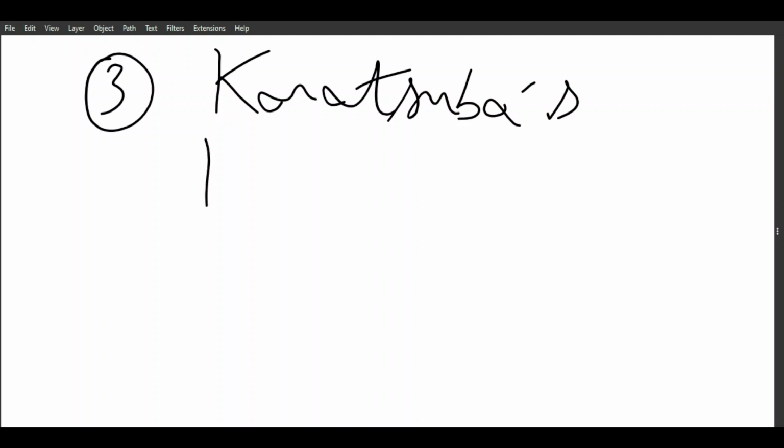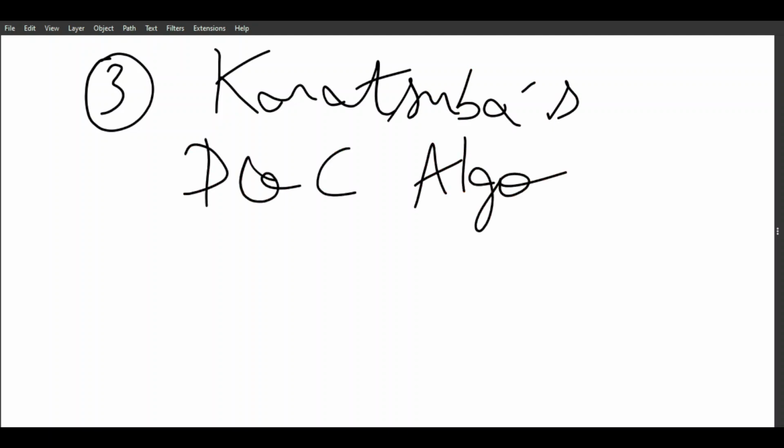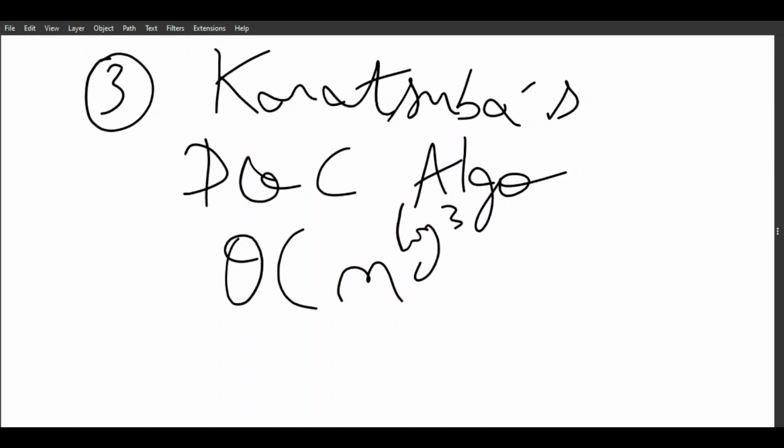Again, this is a divide and conquer algorithm, and this has less time complexity. We will prove that this has big theta of n power log of 3 with base 2 time complexity.